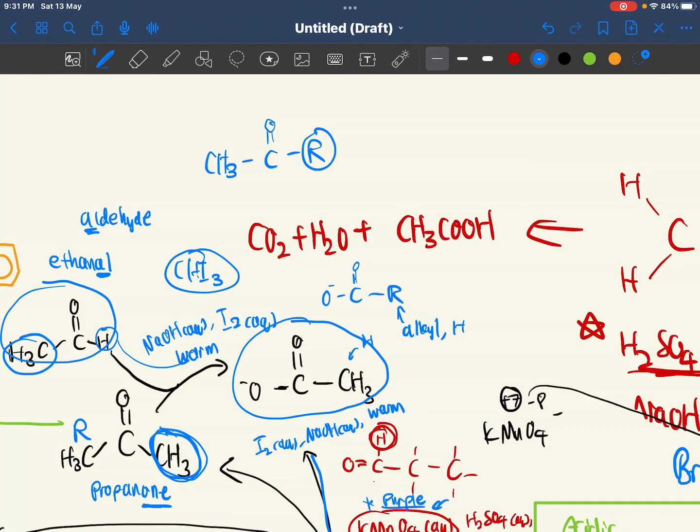The thing about the iodoform test is that I'm going to show you the step-by-step mechanism to actually form our precipitate here.